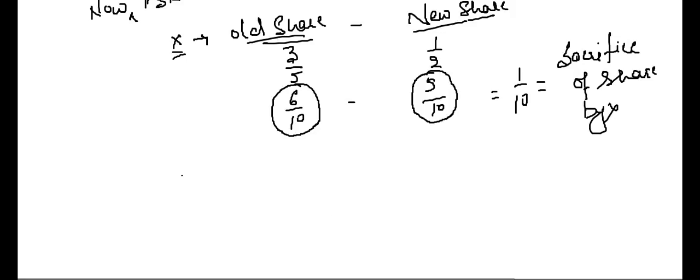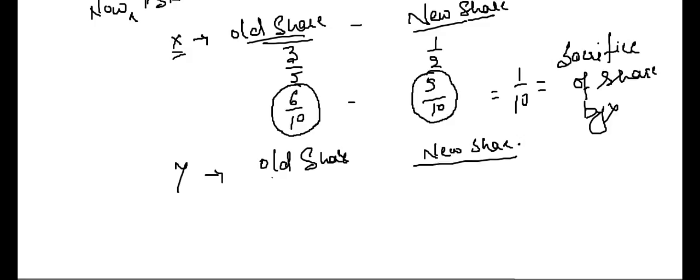Now let's see about Y. What is Y's old share, and what is Y's new share? Let's compare now. Old share was 2 by 5 and new share is 1 by 2.